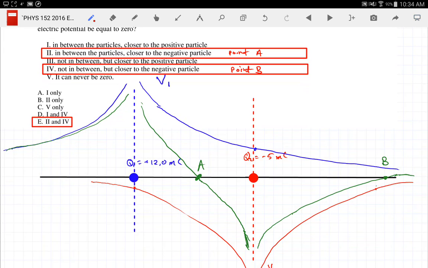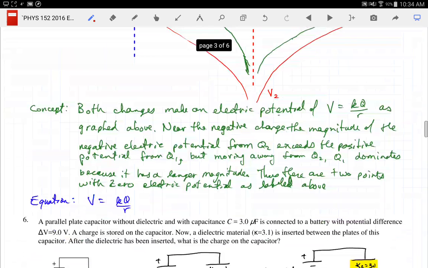That's why electric potential is easier to work with, because you can just add them up. So the positive charge has a positive electric potential. The negative charge has a negative electric potential. And since the negative charge is not as big, remember the equation for electric potential is V is KQ over R. The smaller negative charge is going to drop off more rapidly.